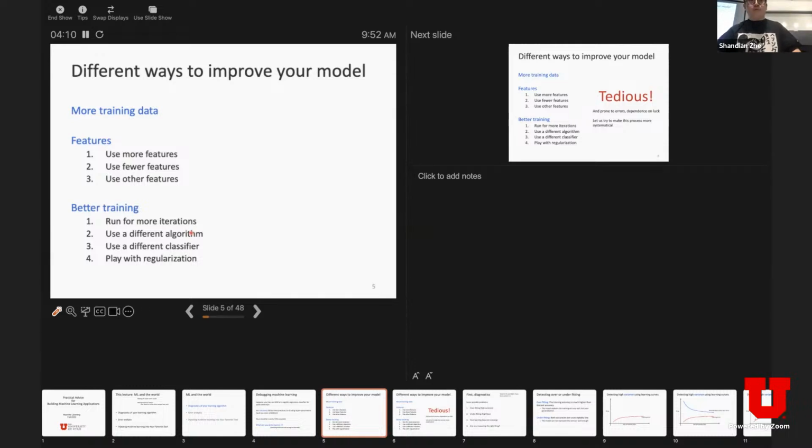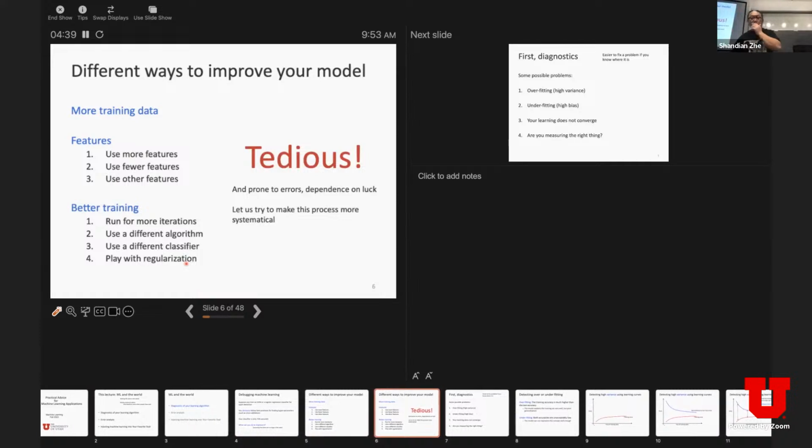For example, if I use LBFGS and found it doesn't work, I should change to stochastic gradient descent like Adam. Or I use a different classifier, a completely different model. I can switch from SVM to artificial neural nets. Or I play with the loss function and regularization, adding L2 regularization or L1 regularization, and so on.